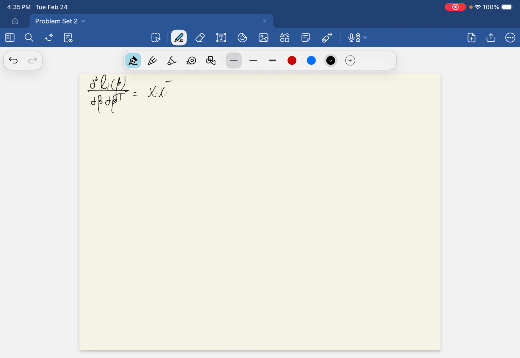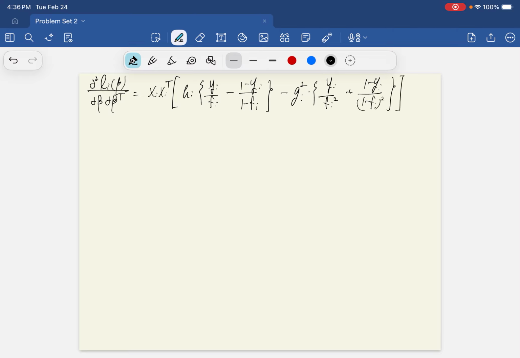X transpose and second derivative h and y over f minus 1 minus y over 1 minus f, and then minus gi squared times yi over fi squared plus 1 minus y and 1 minus f squared.